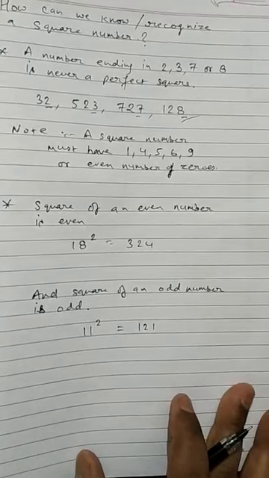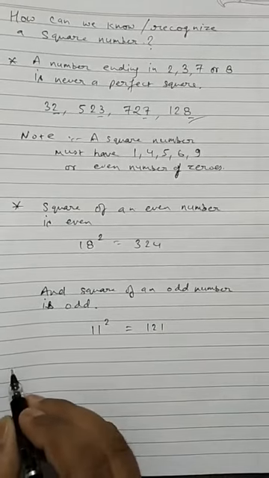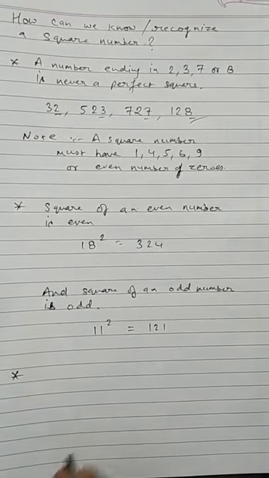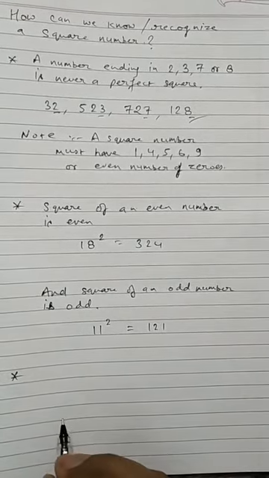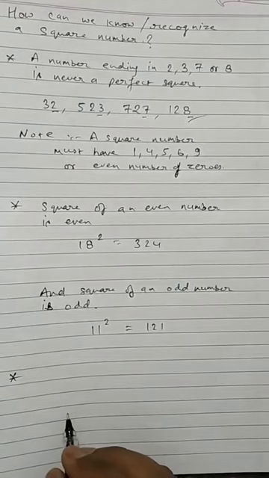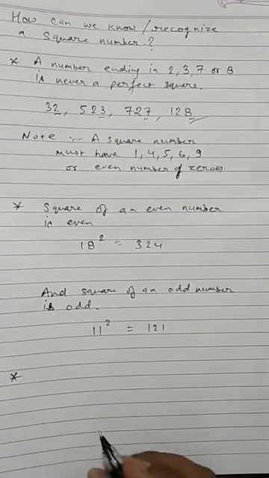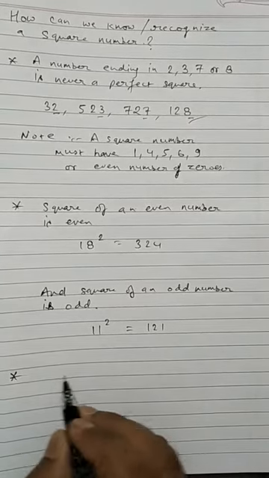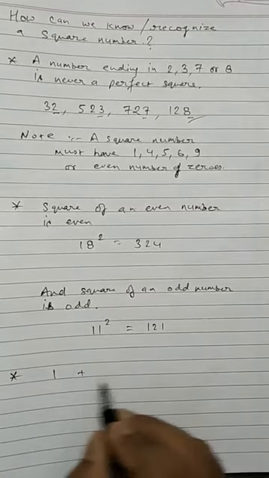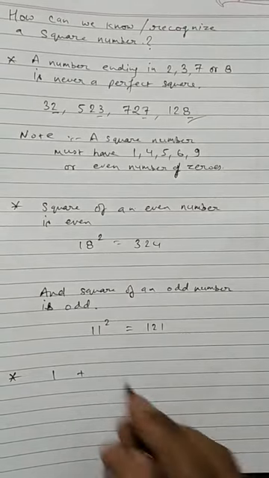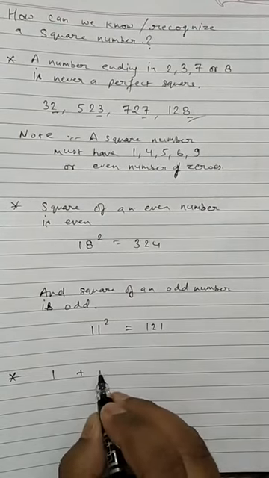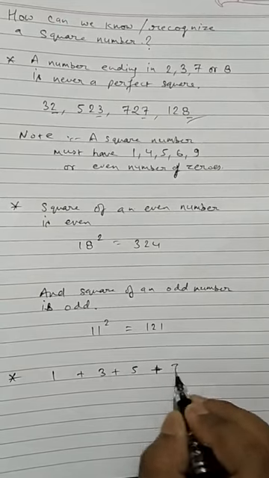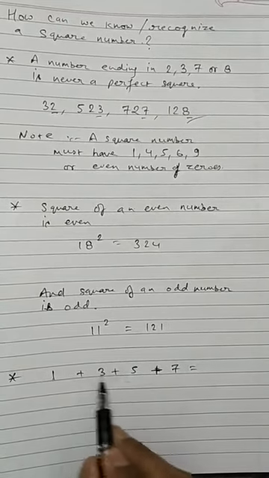And next is that the square of a natural number n is equal to the sum of the first n odd numbers. Suppose I am taking a series of consecutive odd numbers: 1 plus 3 plus 5 plus 7.